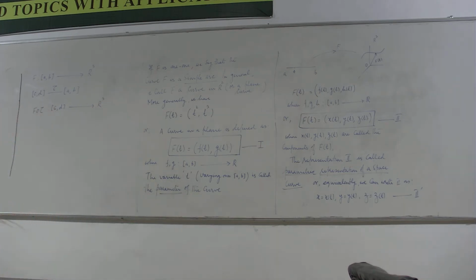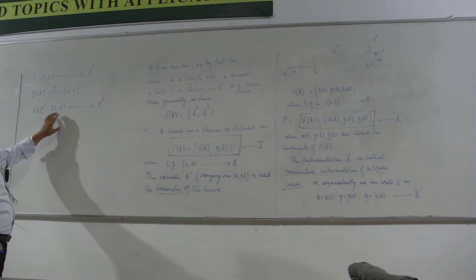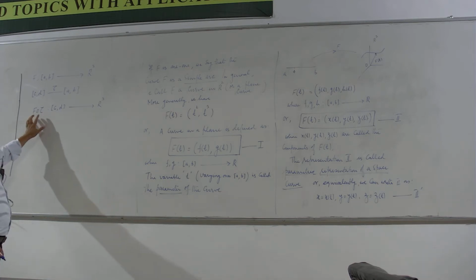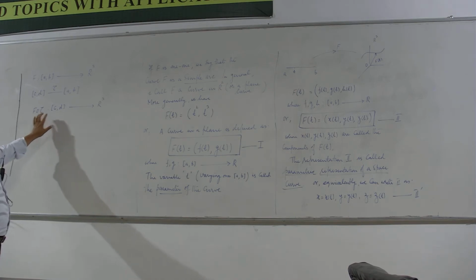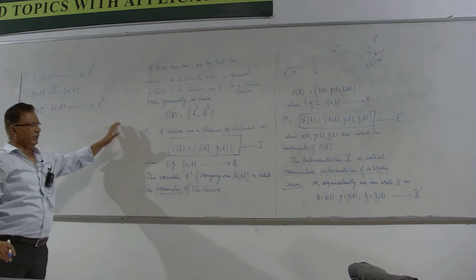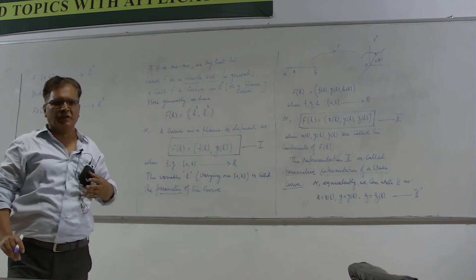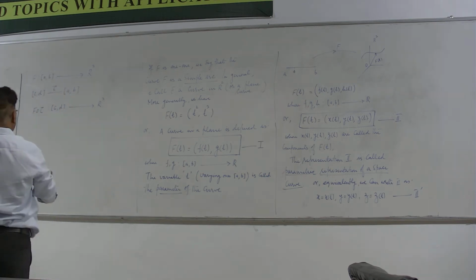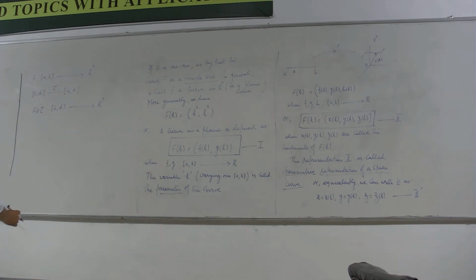Now, the parameter t will be coming from some other interval c d, and still you have a continuous map from interval c d to R 3, and the image will be the same graph. So, the parameter can be changed by composing these two maps.